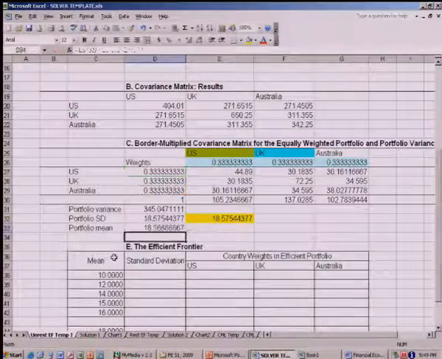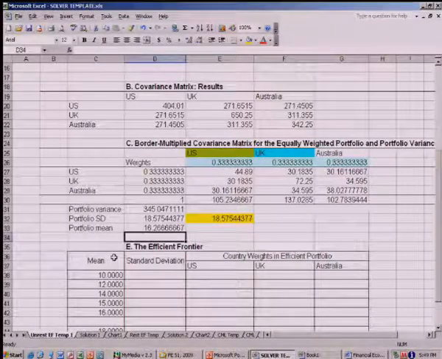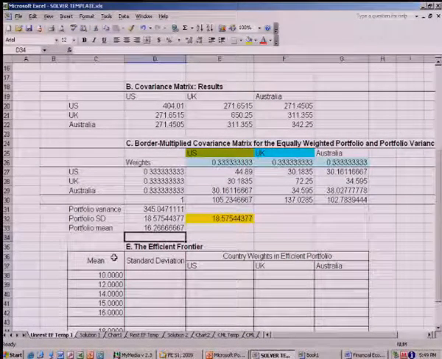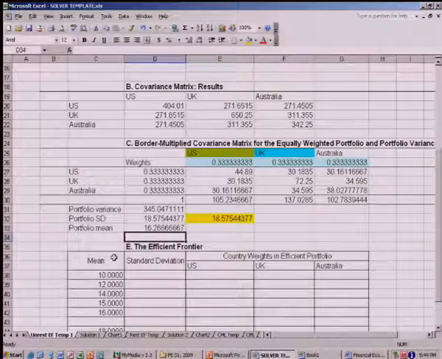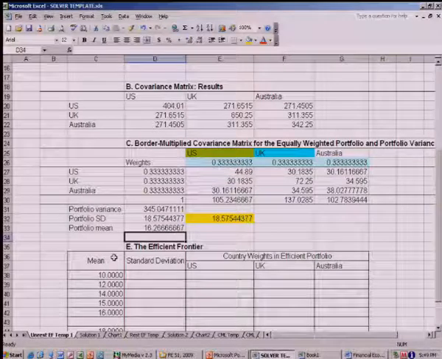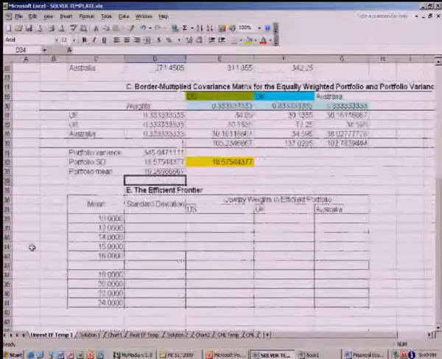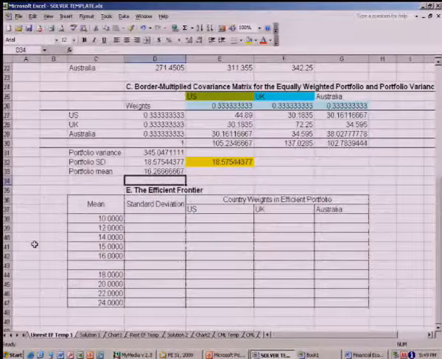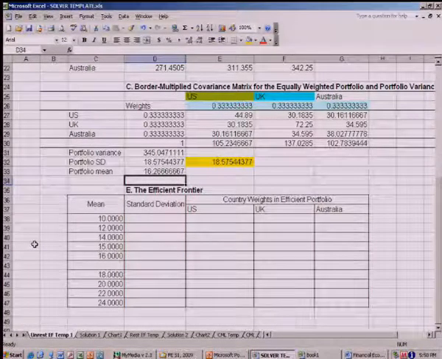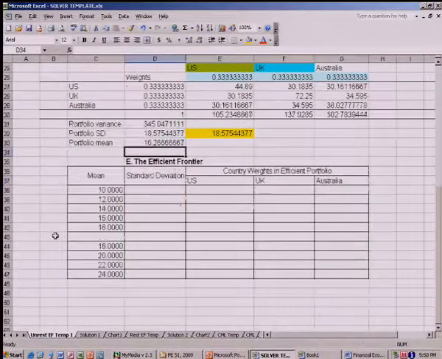And just press enter, and it should give me 16.266, which is the expected return on this equally weighted portfolio. So that gives you all of the necessary calculations before you can go ahead and calculate or optimize portfolios or find what the efficient frontier is.